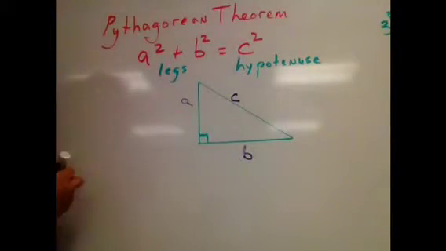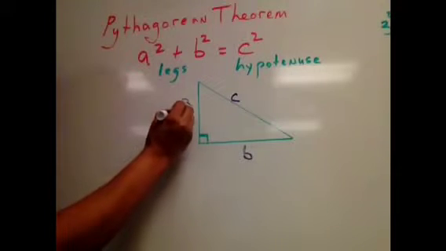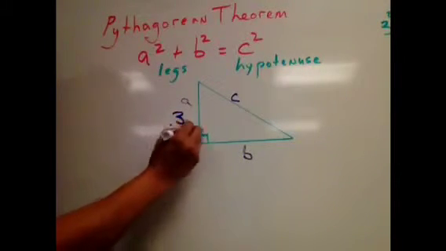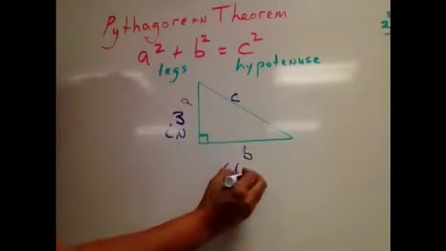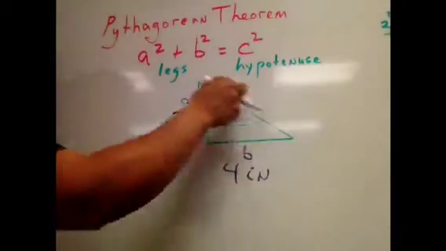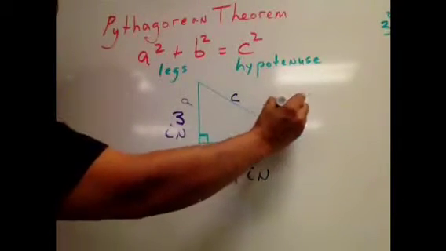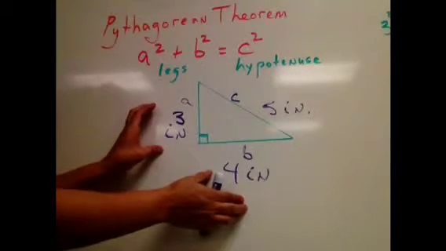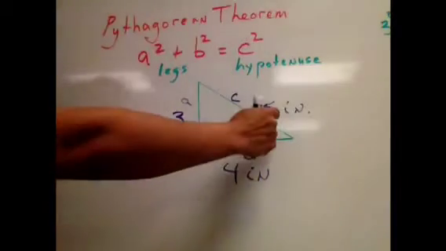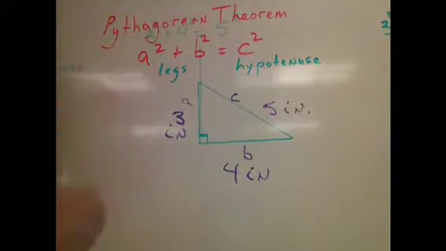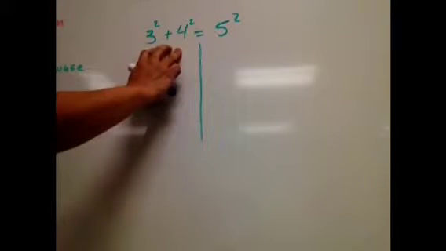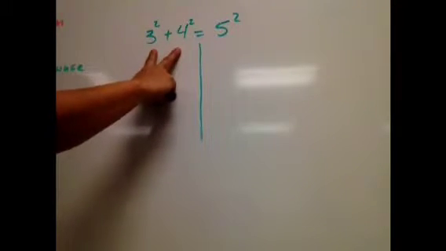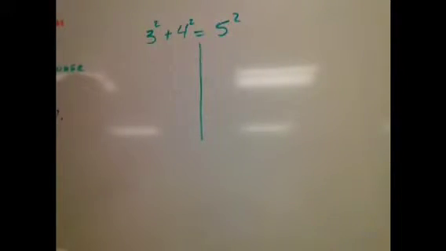So let's make this equal to 3 inches. And we'll make this side equal to 4 inches. And we'll say that this one's equal to 5 inches. Okay? And we're going to do the math with these and see if both of these squared added together equals that. Okay? So I put the legs of the right angle here, and I put the hypotenuse there.